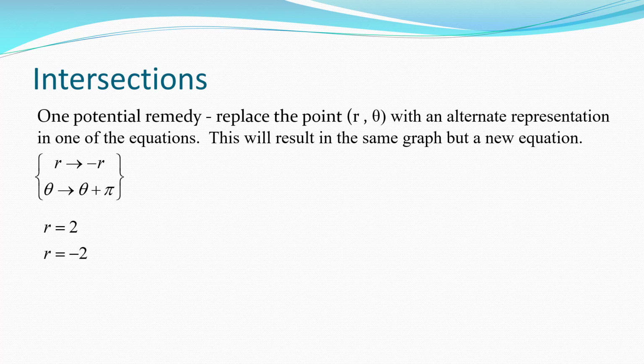Take the second equation, r equals -2. And there, replace every r with -r, and every theta with theta plus pi. You would then get that equation. Notice then you can multiply both sides to get just r equals 2. So obviously the equations are exactly the same everywhere. So that means the solution is that they intersect everywhere.